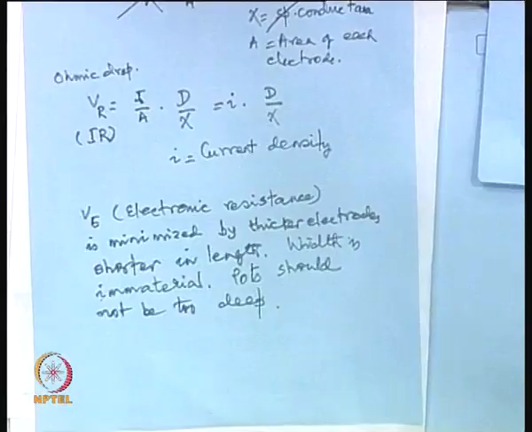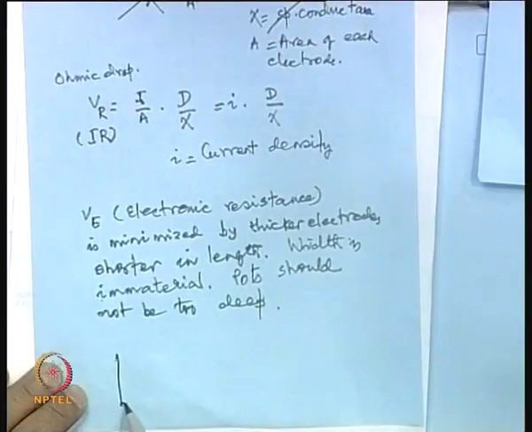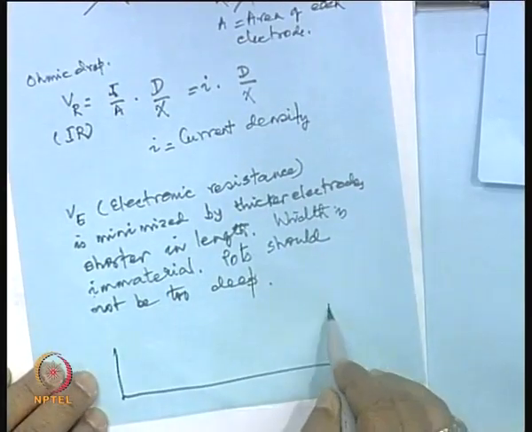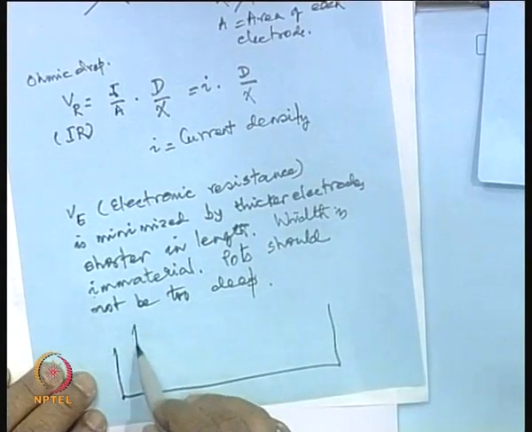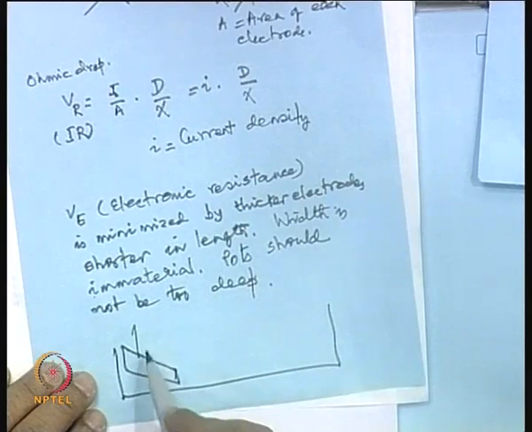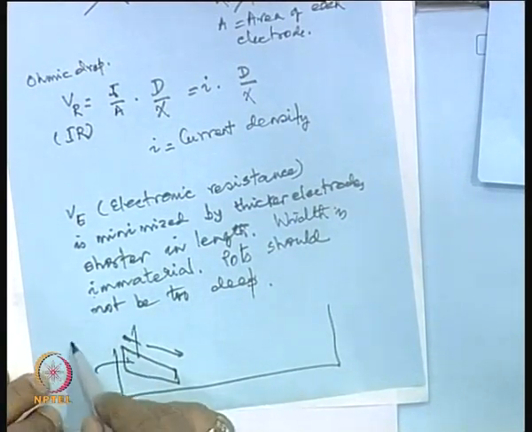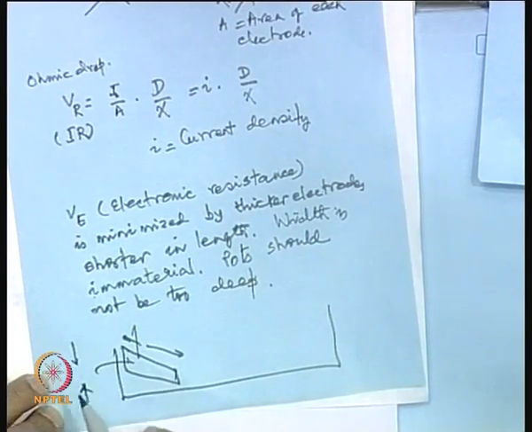It has been found that electrode should be thick and there should be width. The width does not matter, but depth matters. So, in an electrolytic cell, one tries to see that the electrodes are wide. This does not matter, but the depth matters.